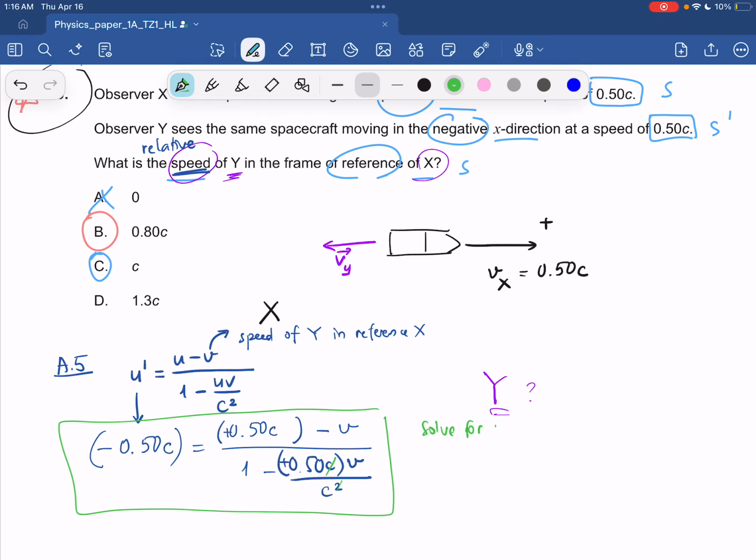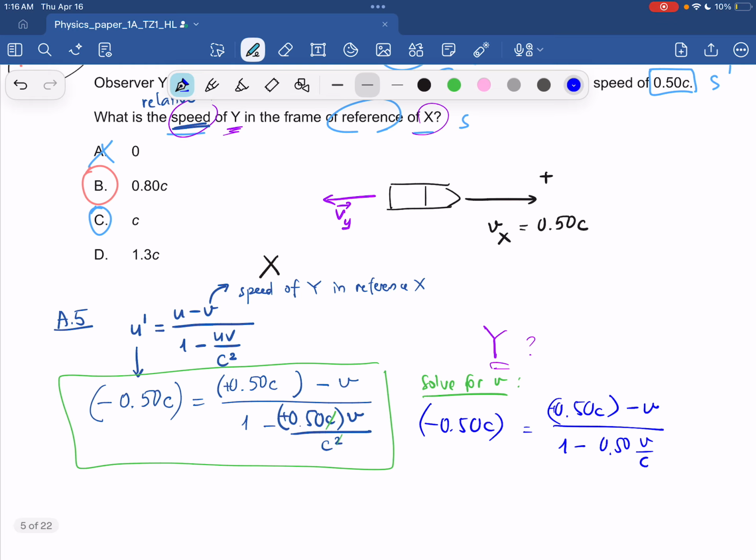Let's solve for it then. This is half of the c minus v, and all together below you have 1 minus half of v over c, right?